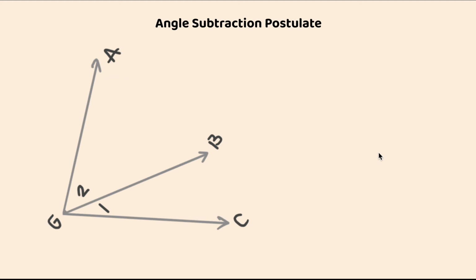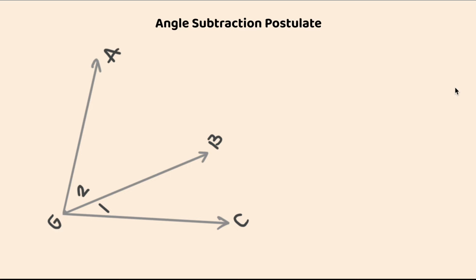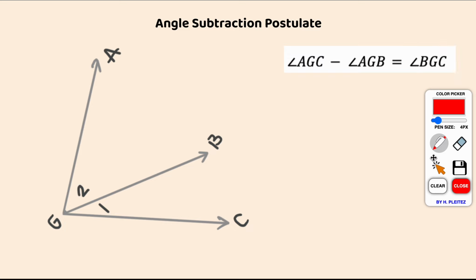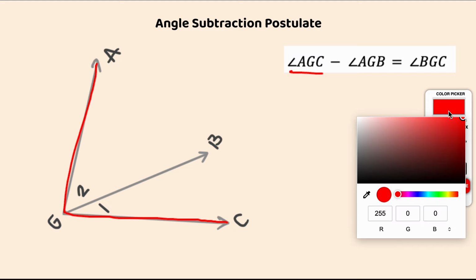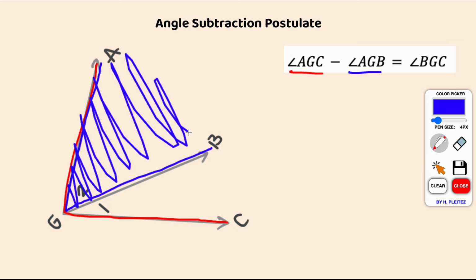Now, with angle addition, we also have angle subtraction. All this is saying is you're able to represent an angle by the difference of the larger pieces. For example, let's say we took angle AGC, which is this entire angle. If we take AGC and subtract angle AGB from it, if we take this angle away, we're going to be left with angle BGC, and I'll do that in green.